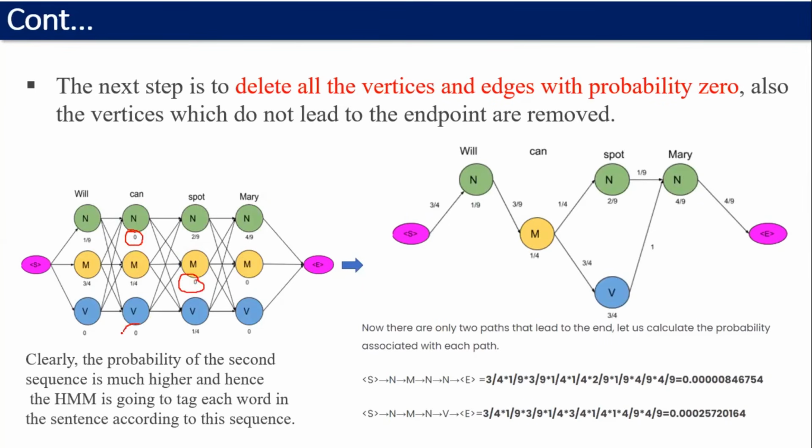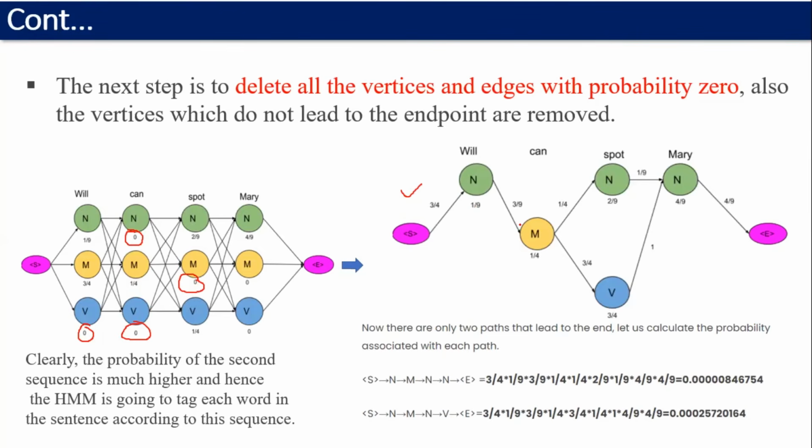And in this node, again we have 0. You need to remove all those things. Once you remove everything, you will get the representation like this. Now there are only two paths. Earlier there were 81 combinations, 81 paths, whereas here, after removing vertices and edges with zero probability, we got only two paths.